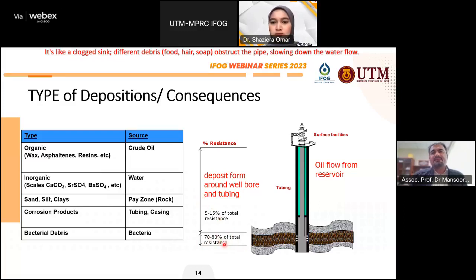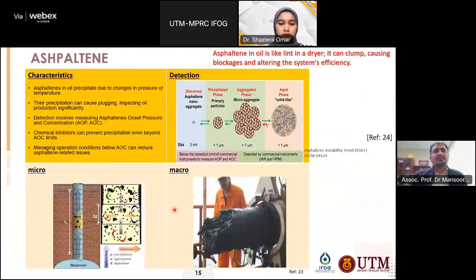The majority of the total resistance is around the wellbore, which is where well stimulation takes place. And this is the aim of well stimulation, to remove this kind of damage. About 5 to 15% of the total resistance is happening in our tubing and surface facilities. Okay, so this is an example.